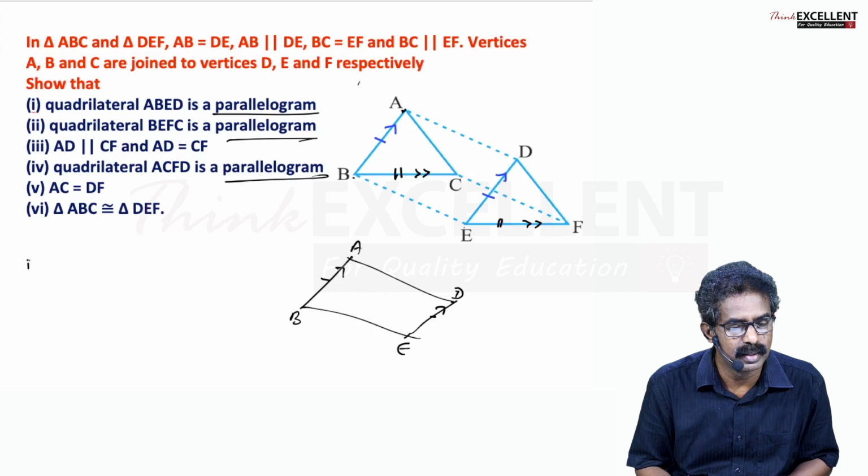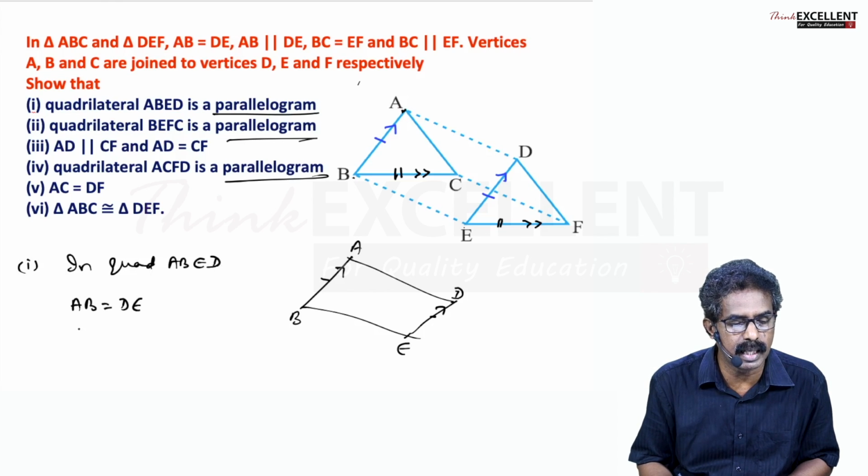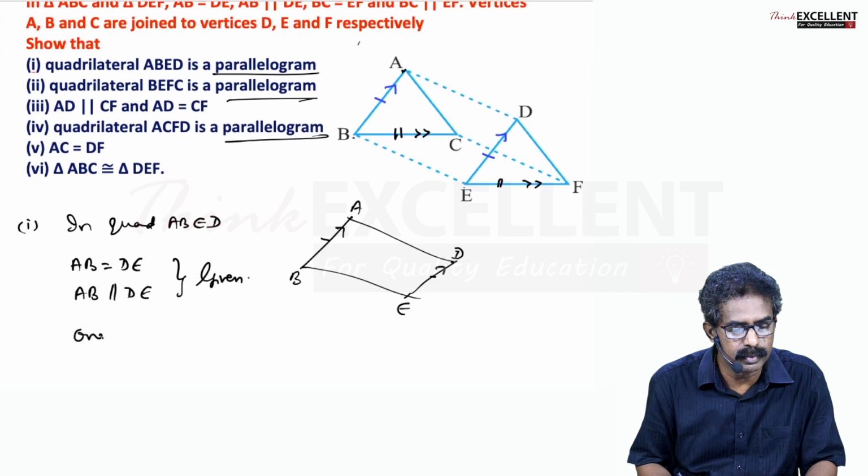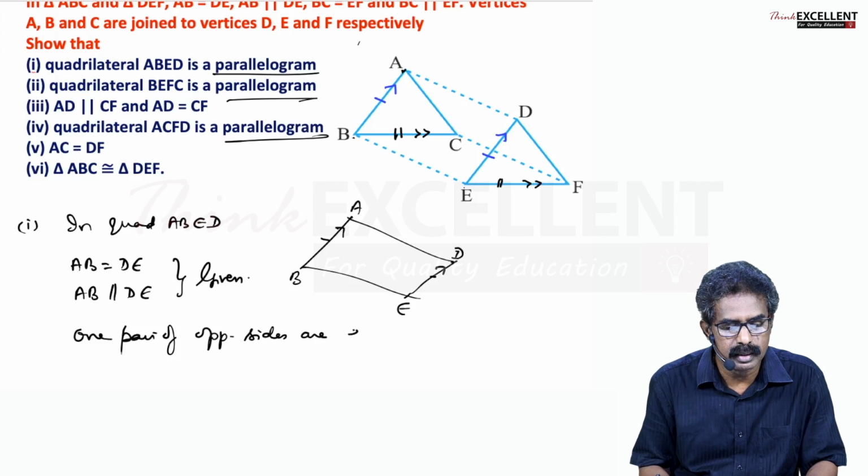So see the first one, in the quadrilateral ABED, you know AB equal to DE and AB is parallel to DE, it is given. That is 1 pair of opposite sides that are equal and parallel.